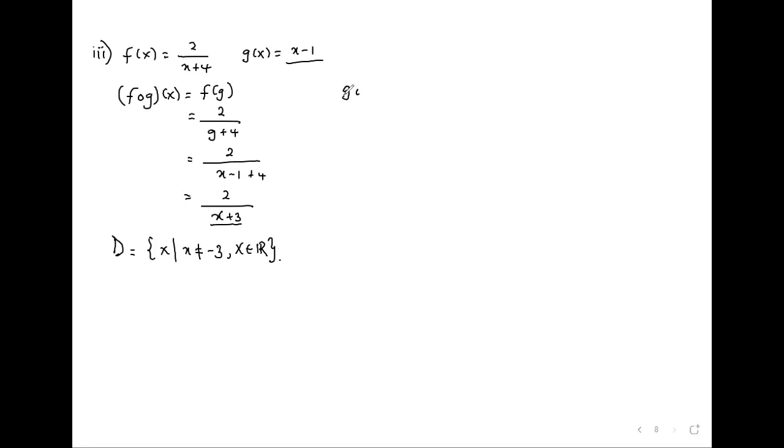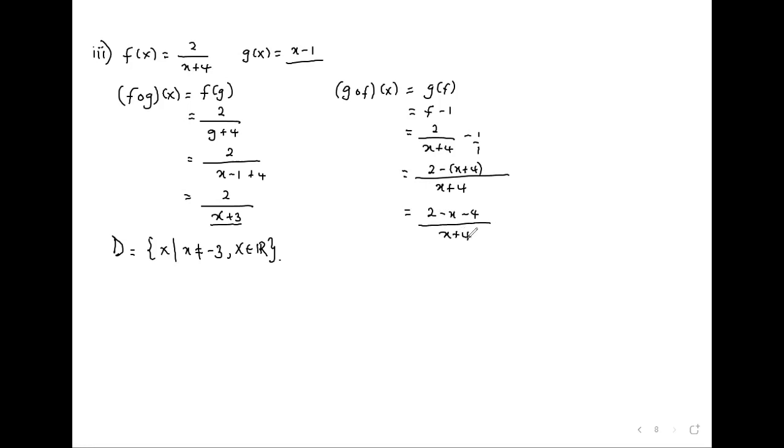If you want to get g of f of x, this is g of f, meaning in g, we take f, where it's x, but f is 2 over x plus 4, minus 1 over 1. I'm putting the over 1 to remind myself that I need to get a common denominator there. So I'll have 2 minus x plus 4, so that I get 2 minus x minus 4 over x plus 4.